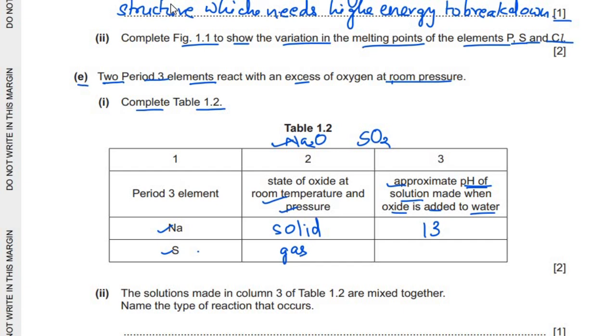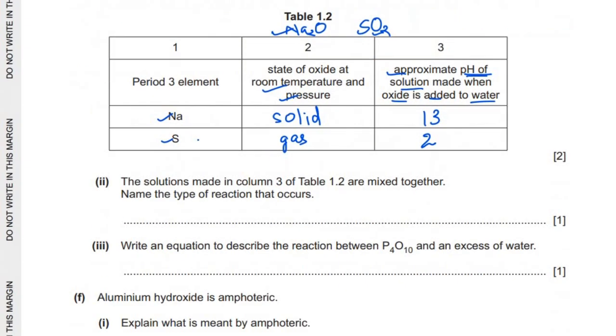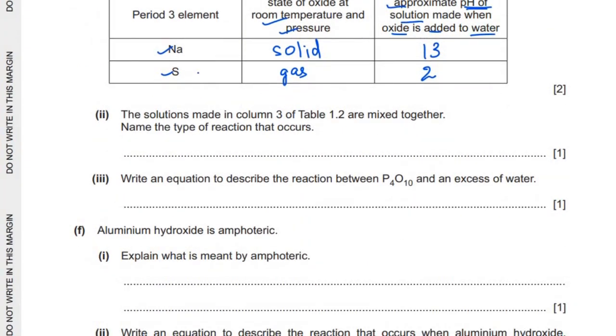Now when sulfur dioxide is added to water, it forms sulfurous acid, which is acidic in nature and it's a strong acid. So in between 1 to 3 we can write any of the pH, and I'm writing it as 2 pH. You can even write 1 or 3. The next sub question, the solutions made in column 3 of table 1.1, table 1.2 are mixed together.